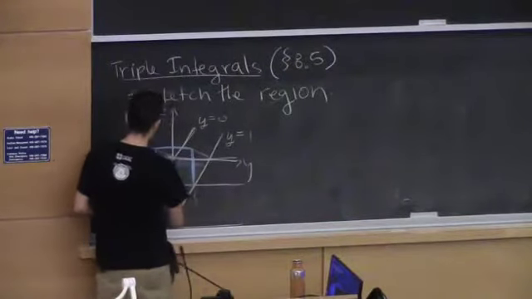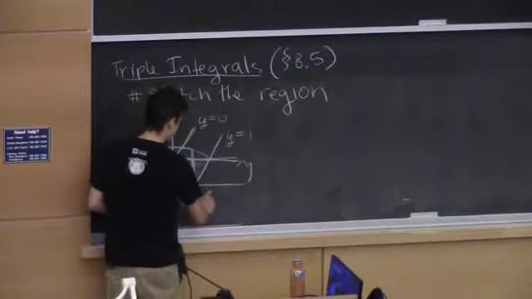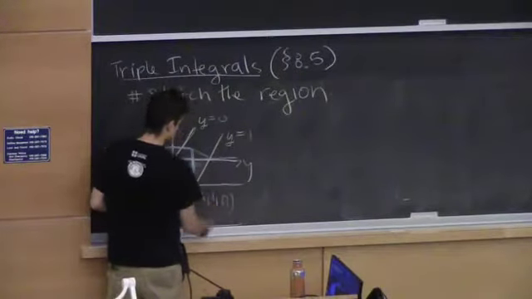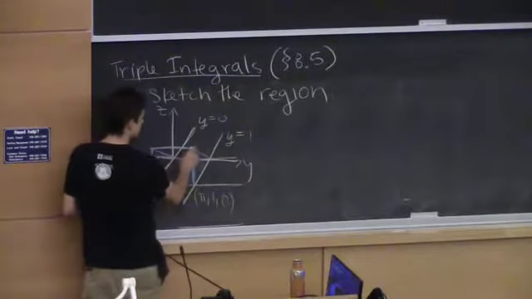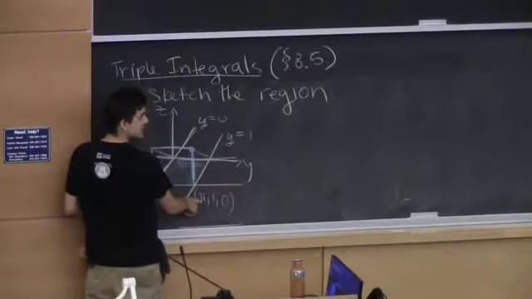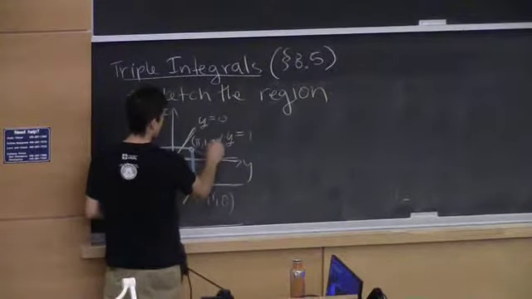So here, where the green and pink line meet, that will be (pi, 1, 0). The point above that will be where z is equal to x. So that will be (pi, 1, pi).